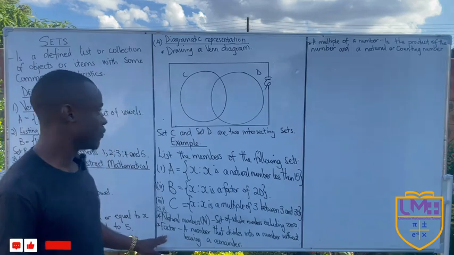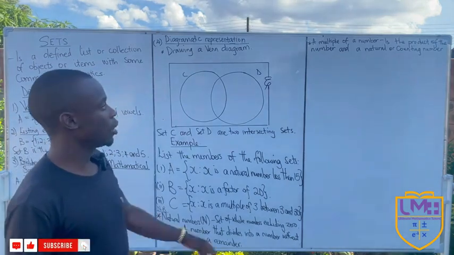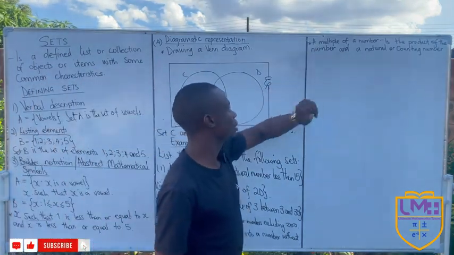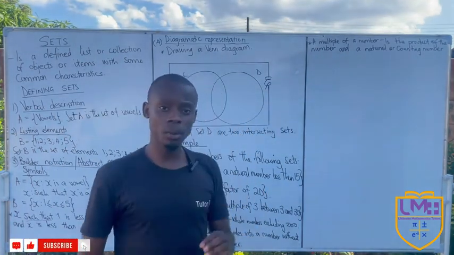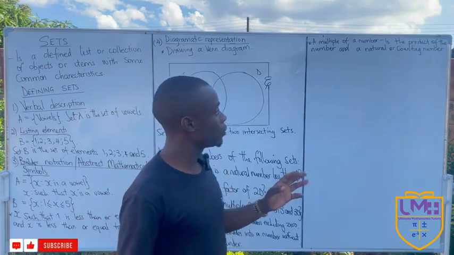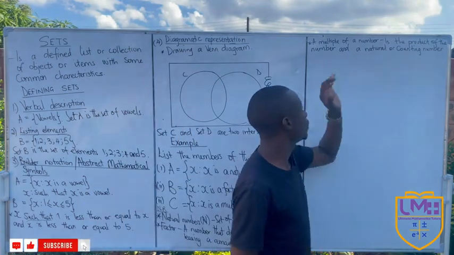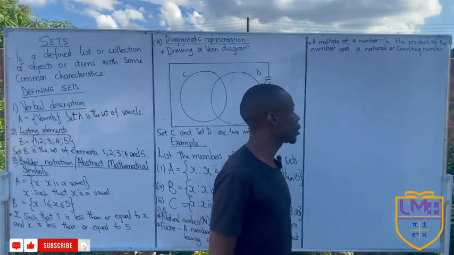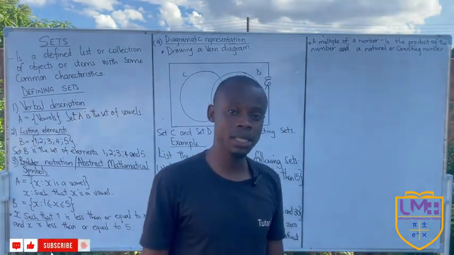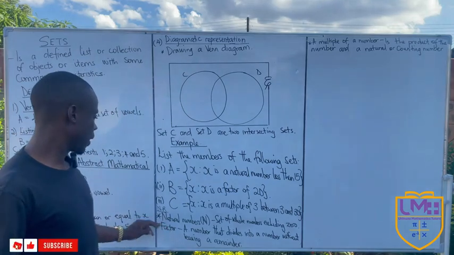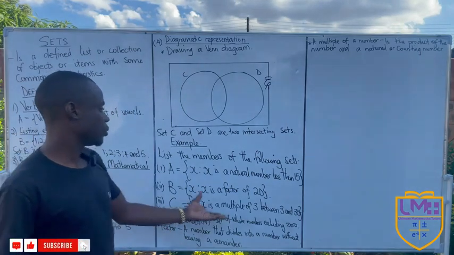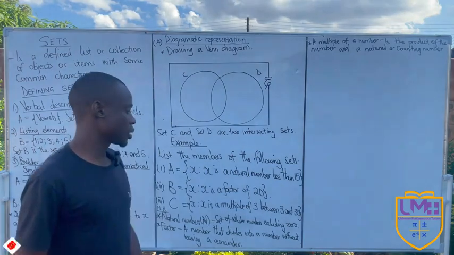A multiple of a number is the product of the number and a natural or counting number. I define these three terms so that you may answer these questions properly.